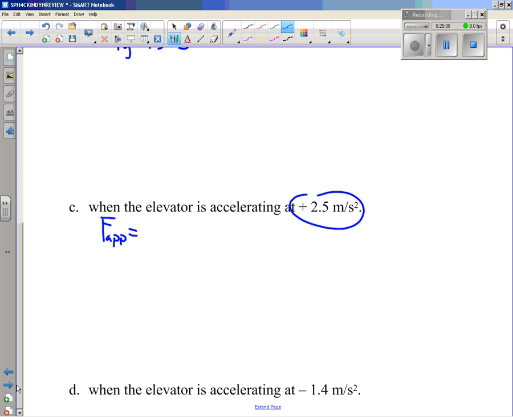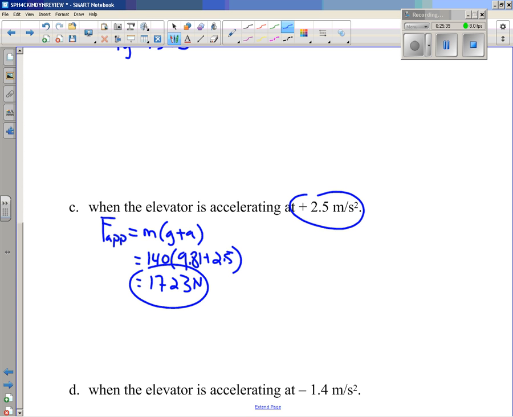And it's equal to m times g plus a. So in this case, it's 140 times 9.81 plus 2.5. You're going to feel heavier when the elevator accelerates up, and we've all experienced that before. 9.81 plus 2.5 equals 12.31 times 140 equals 1723 newtons.